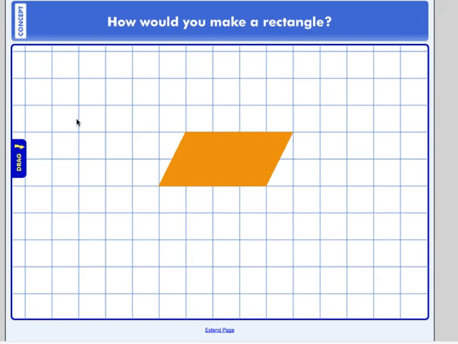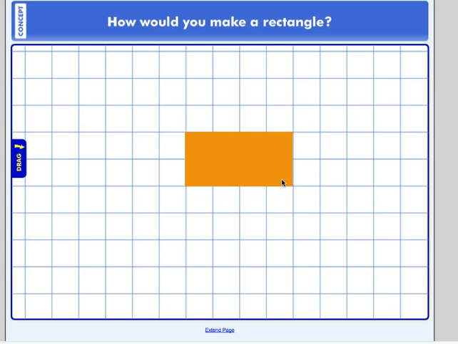Well, how would you make a rectangle if you were looking at this parallelogram? If you imagine that chunk there off that side and fit onto this side, now we have a rectangle, right?